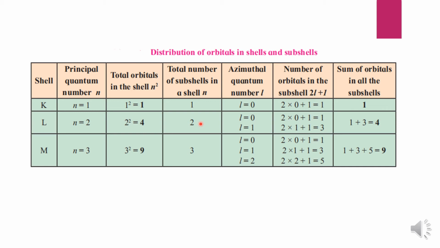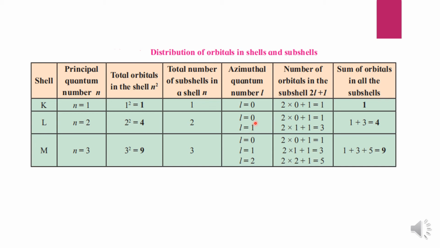Now, azimuthal quantum number according to the formula 0 to n minus 1: we get 2 azimuthal quantum numbers, 0 and 1.